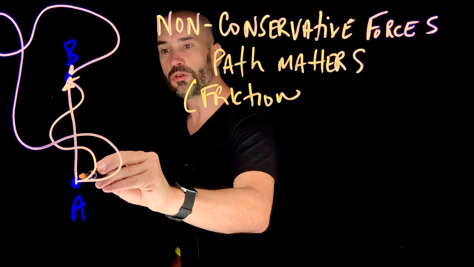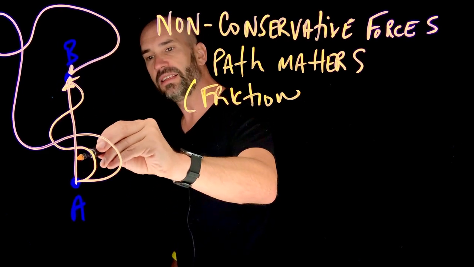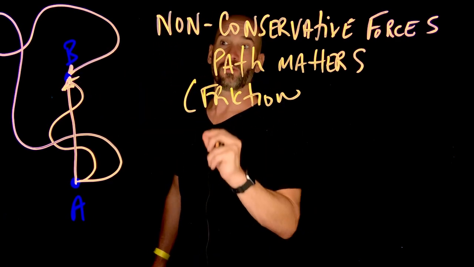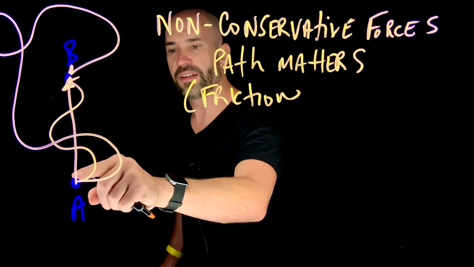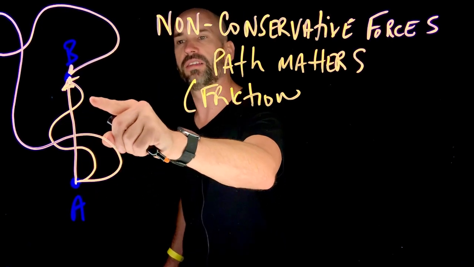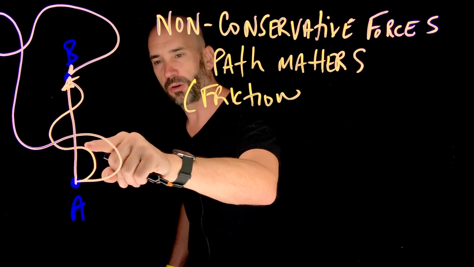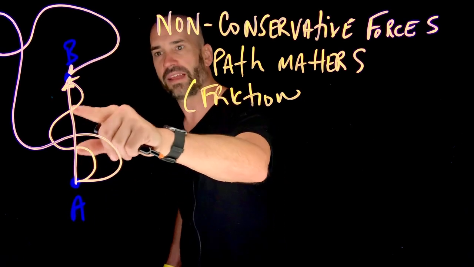If you go straight from here to here, friction's only acting for that little bit, right? Okay? In that case, you're going to have one set of work, a smaller work, right? But if you instead drag that shoe along, let's say, a rough road or something like that, for this longer amount of time, for a farther path, right?